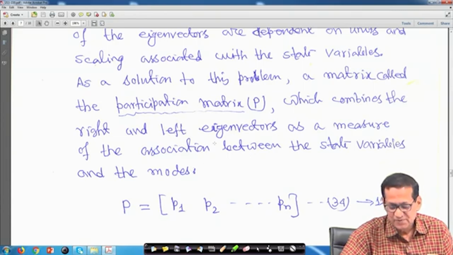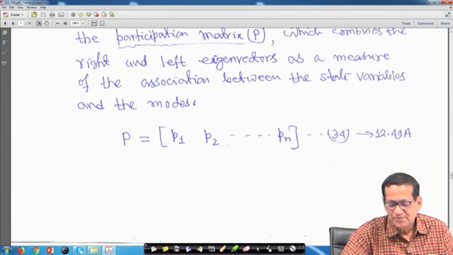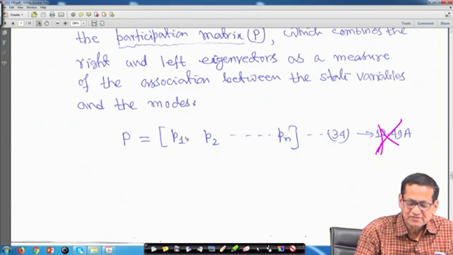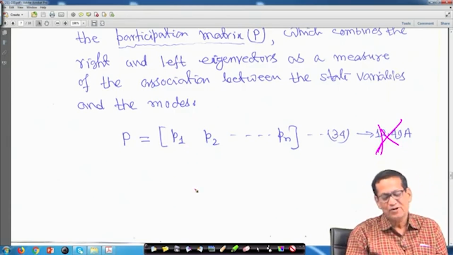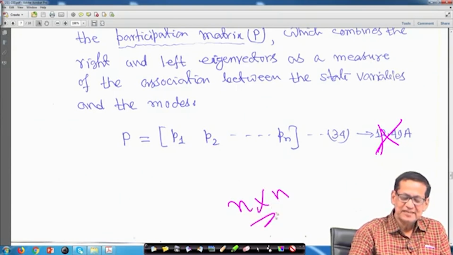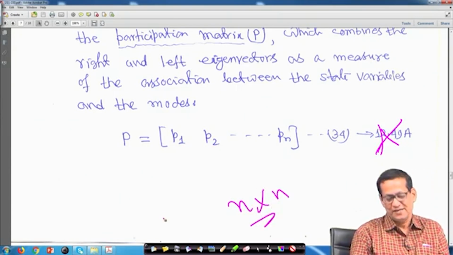Therefore, P can be given as P_1, P_2, ..., P_n, this is equation 34. Actually P is an n by n matrix, and these are all column vectors.